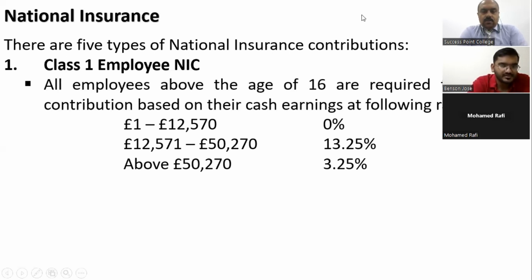What we shall do is first take 50,270. The first 12,570 is 0%, and then the next band up to 50,270 is at 13.25%, so 50,270 minus 12,571.